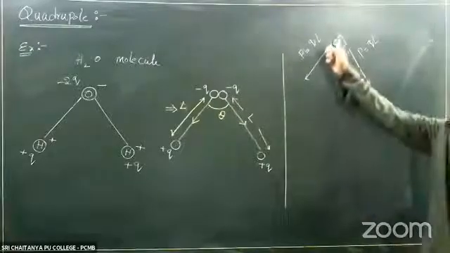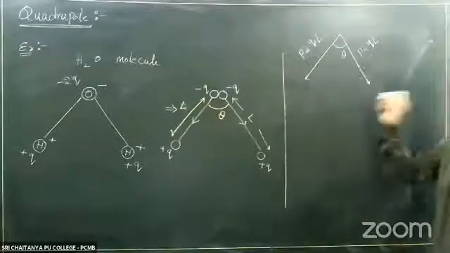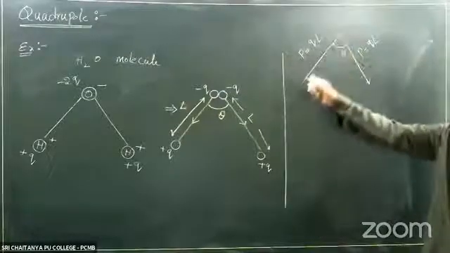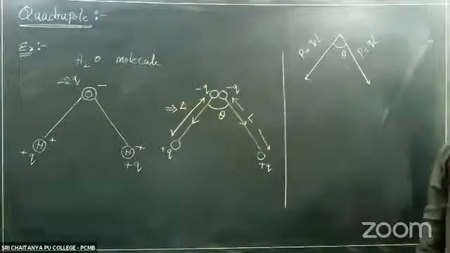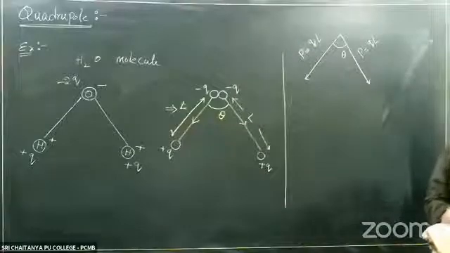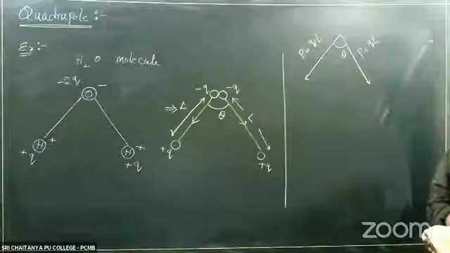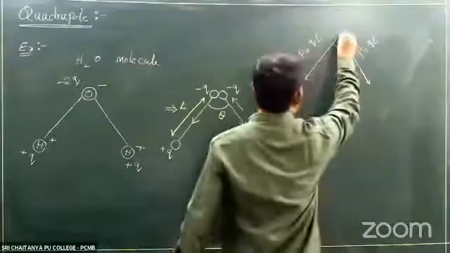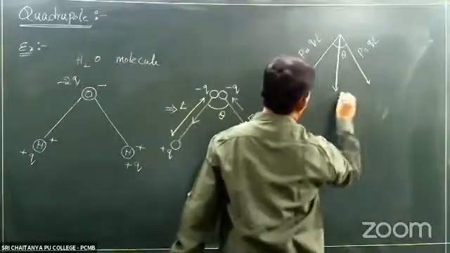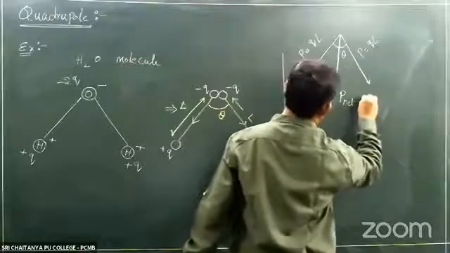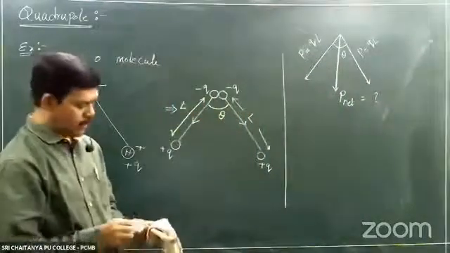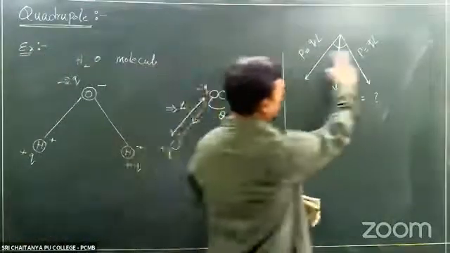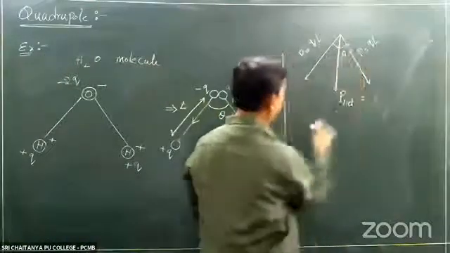We know dipole moment is a vector. Now this is similar to two vectors making an angle theta with each other. What is the resultant? In what direction is that resultant? Can't it be in this direction? P net. Simple thing. These are two vectors making an angle theta with each other.